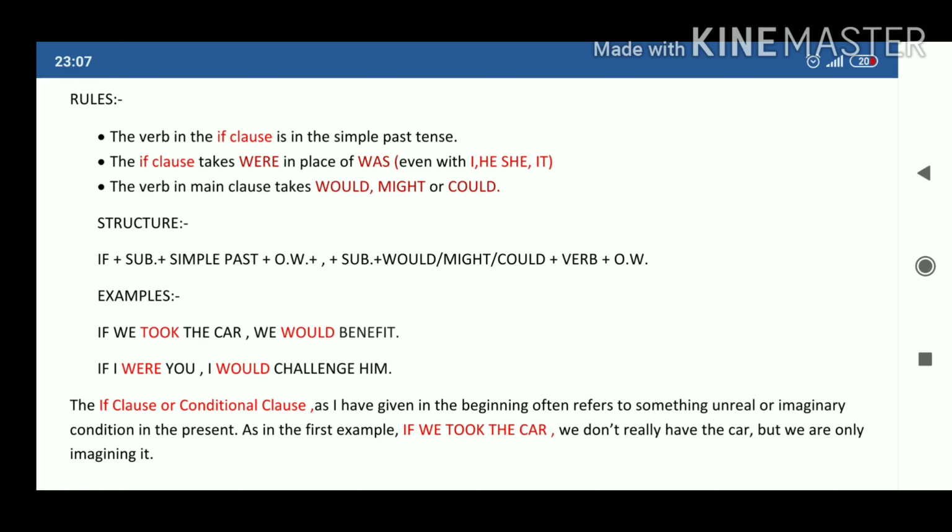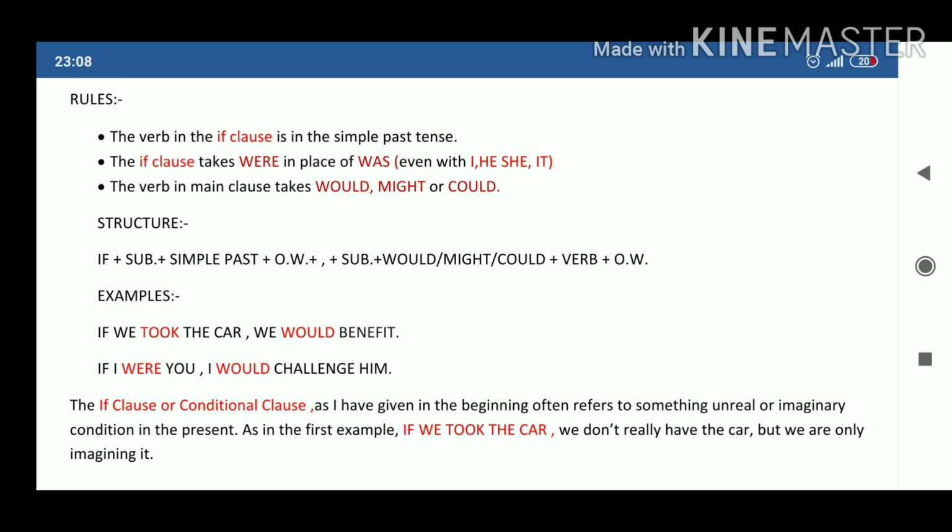I have already stated that a conditional sentence has two clauses, the if clause and the main clause. If you are writing the if clause first, in that condition, your structure is: first you need to write if, after that the subject, after that the verb in simple past tense, after that other words if you have, after that a single comma, after that the subject of the main clause, after that would, might, could, any one of these three verbs.